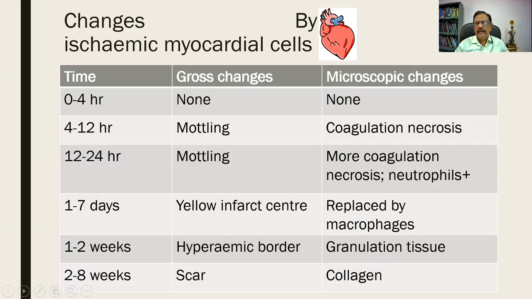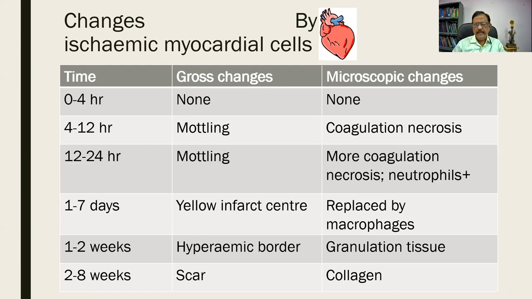Finally, there is a scar by collagen. Microscopy, once again I will say: there is a coagulative necrosis, neutrophilic infiltration, replaced by macrophages, finally healing and a granulation tissue, then scarring by collagen. Please remember this, you will have to write.